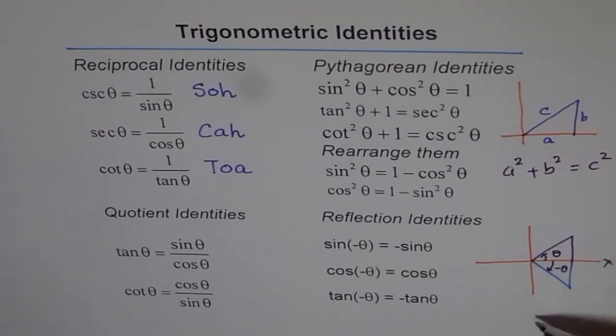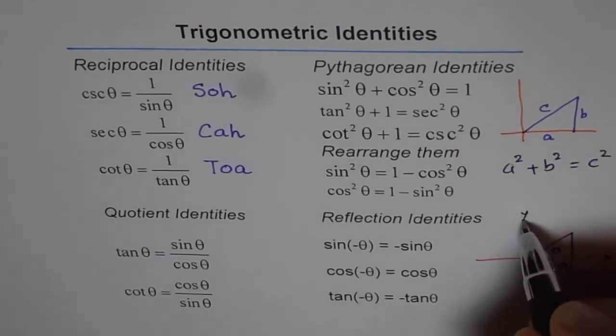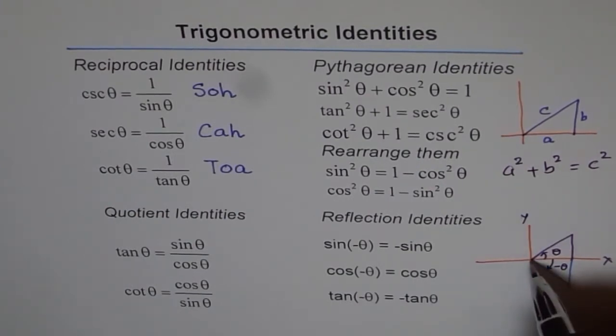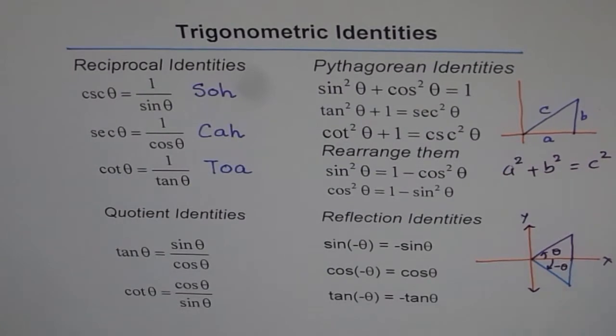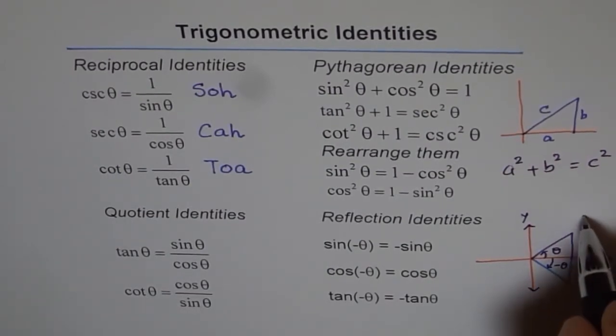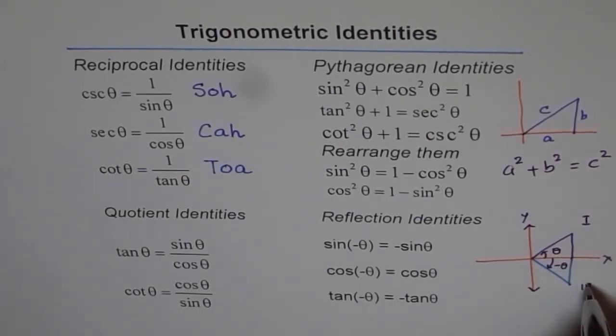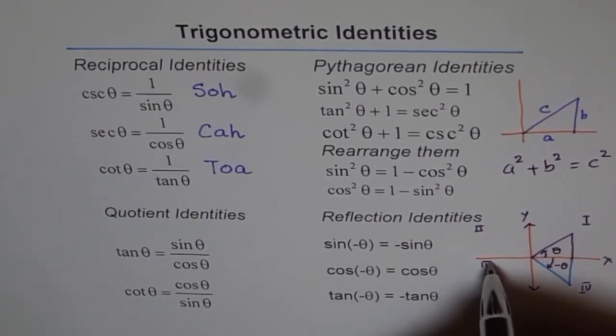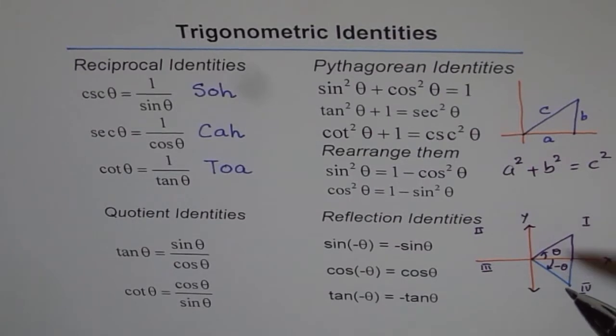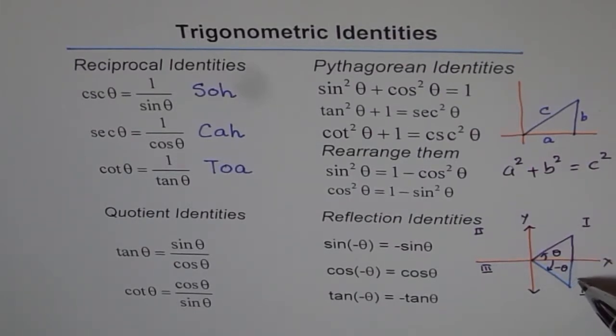However, this is x and y axis, right? So in x and y axis, if you go down, then it's negative. If you're going up, it's positive, right? So this is quadrant 1 for you, and that is quadrant 4. Let me write 2 and 3 also here, right? Now you will see that sine becomes negative, right, in this quadrant. And the CAST rule also may help you to figure out what I'm really trying to say, right?